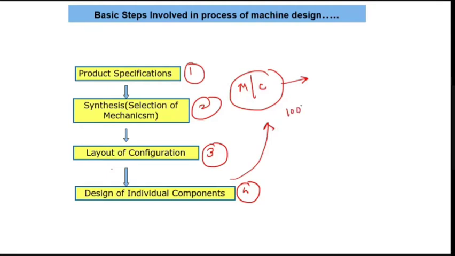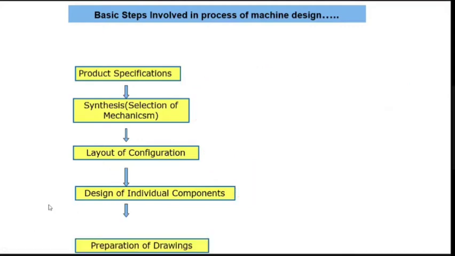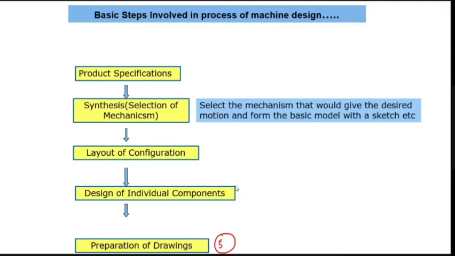Let us say there are 100 components, or you can also call them machine elements. Whenever you are designing a machine, you also have to design the sub parts or sub elements. That is the design of individual components. This is the fourth one, and the last, the fifth, is the preparation of drawings.